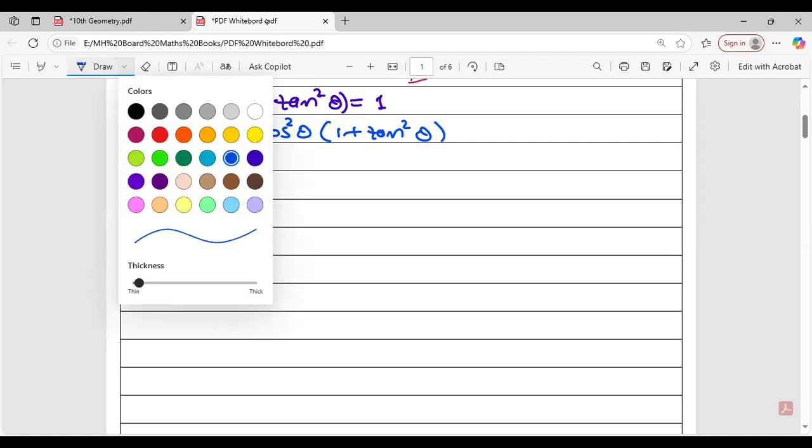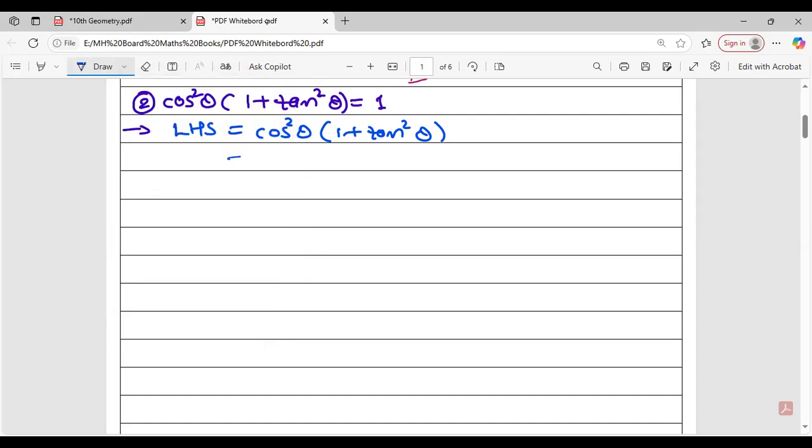Give it a try. Tell me the formula: 1 plus tan square theta is equal to what?